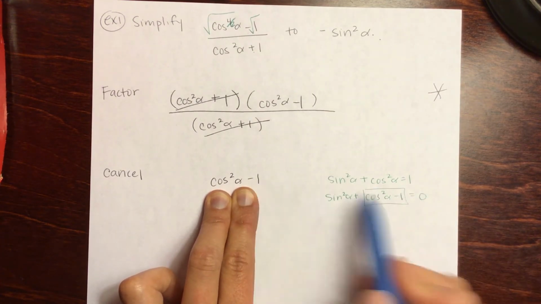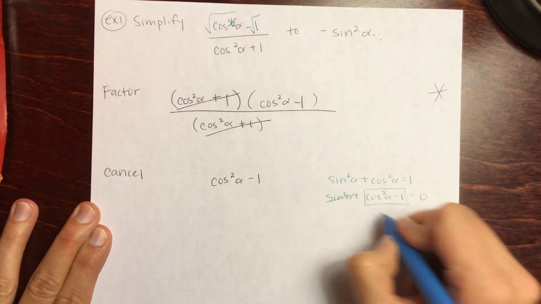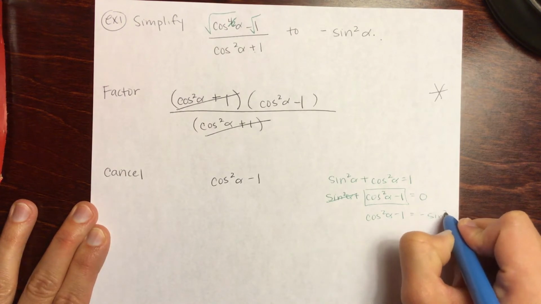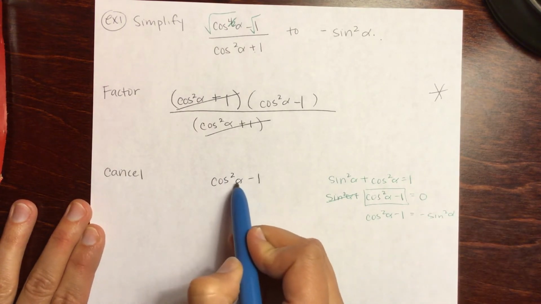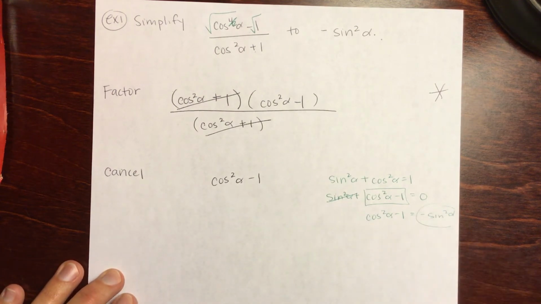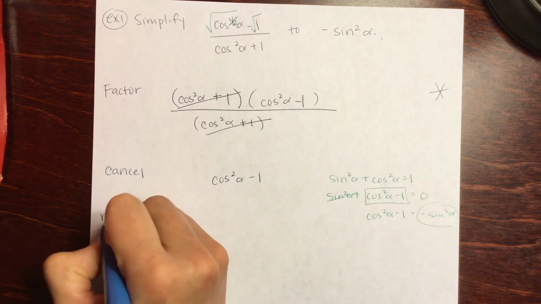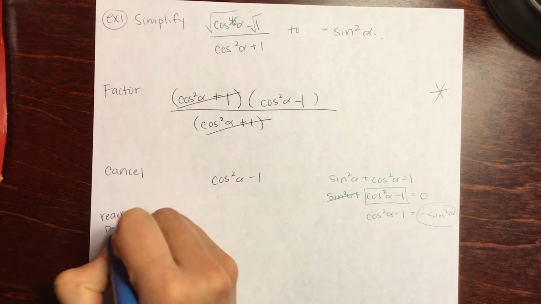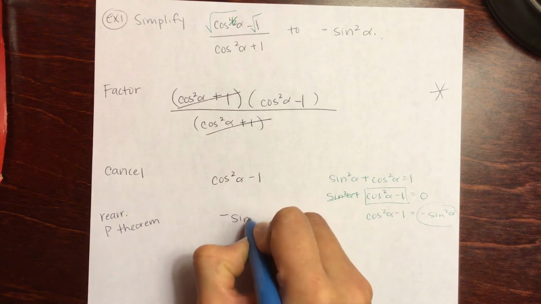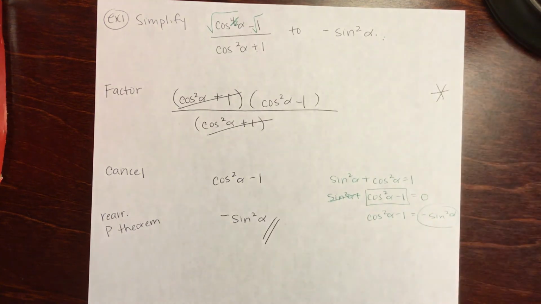This is the same thing that I have right there. That's good. But I have to get rid of this sine squared by subtracting it over to the other side. And I will see that cosine squared alpha minus 1 is the same thing as negative sine squared alpha. So if I use the rearranged Pythagorean identity, I do end up with negative sine squared alpha, which is what I'm trying to get to. So I'm done.